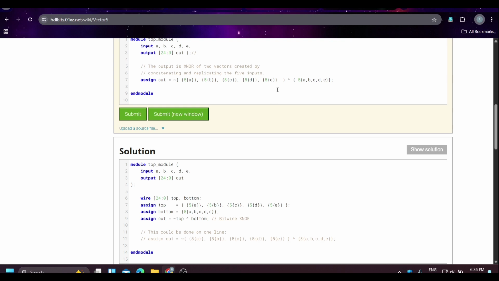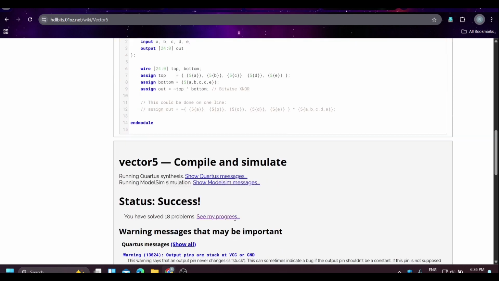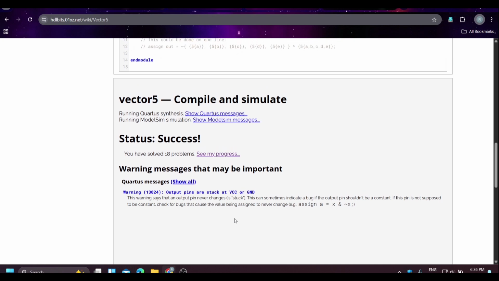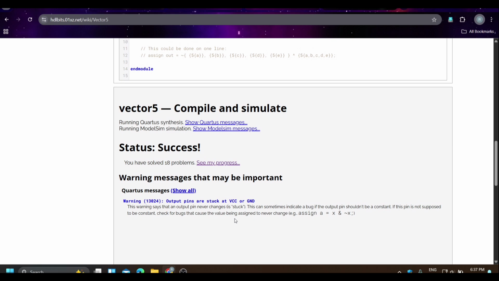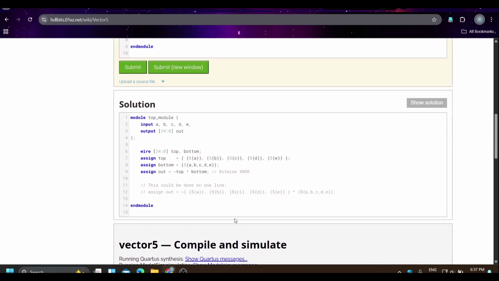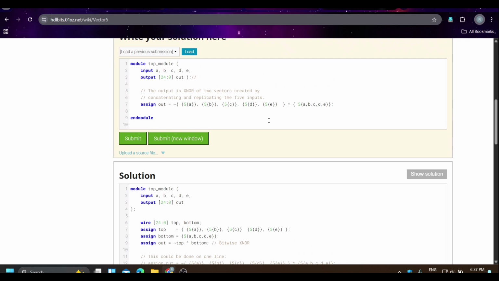I don't know why, but in this way also we can write this code. Okay, fine. So this is the solution they have given, and this is the solution we wrote.